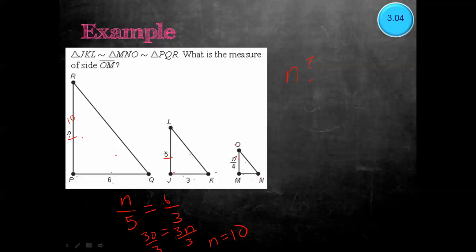So we know that this side equals 10. So now all we have to do is go over here and plug in the 10 to side OM. So we know that side OM equals 10 over 4. Okay, or we could reduce that down to 5 over 2, okay? And if you think about it, that makes sense, right? Because 10 divided by 2 is 5, and 5 divided by 2 is 5 over 2, or 2.5.